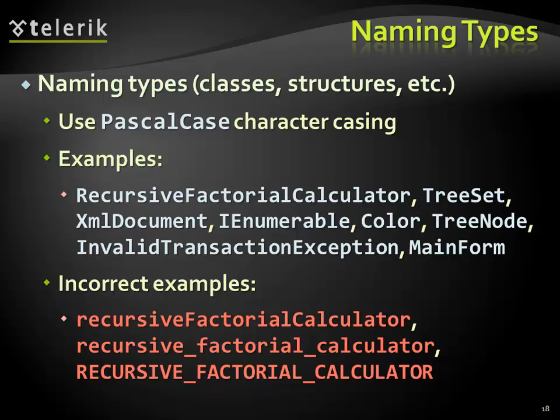And bad examples: recursive factorial calculator starting with lowercase, which is actually the camel case notation instead of Pascal case, which we should be using here. Recursive underscore factorial underscore calculator, that's not really Pascal case again. Recursive, all upper letters, recursive underscore factorial underscore calculator. This is more appropriate for a constant, and we'll see further in this video that constants are defined like that, but it's far inappropriate for naming a type.